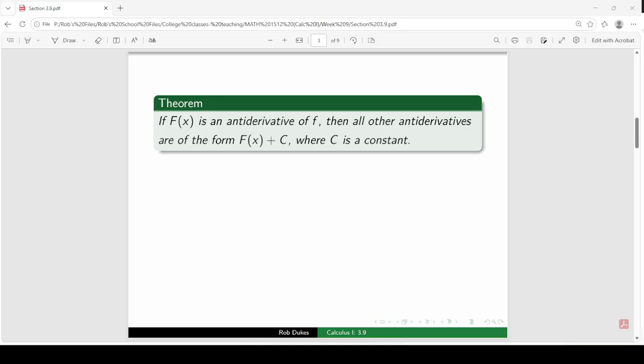But let's say h of x were F of x minus G of x. So then little h of x will have to be 0, because if we take the derivative, it'll be little f minus little f. Capital F and capital G are both antiderivatives of little f, so they must both have derivative little f.